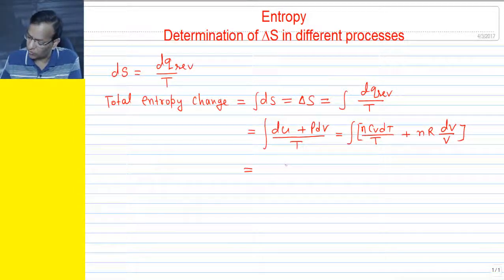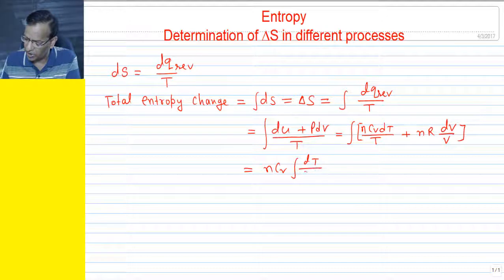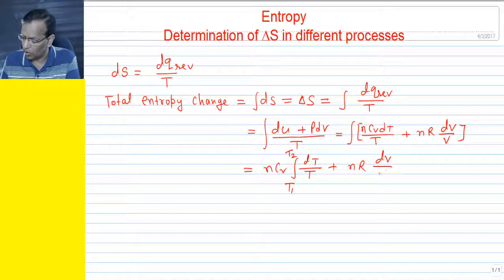Now separate the two terms. The first term will be nCv integration of dT by T with temperature limits T1 to T2, and the second term is nR dV upon V, integration with volume limits V1 to V2.